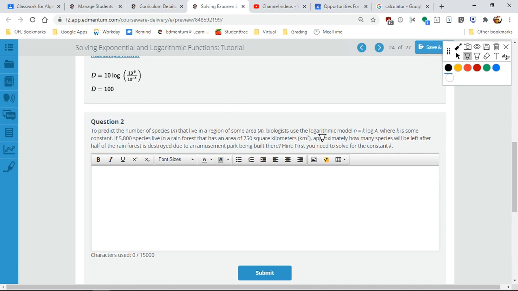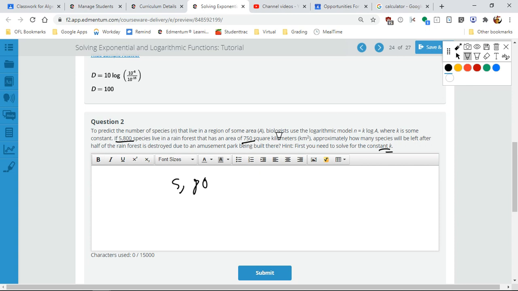To predict the number of species in some areas, we're going to use this formula where k is the constant and N is the number of species. If the number of species in the area is this, and we got that, so this is our A, we need to solve for our K. So our N is the number of species.